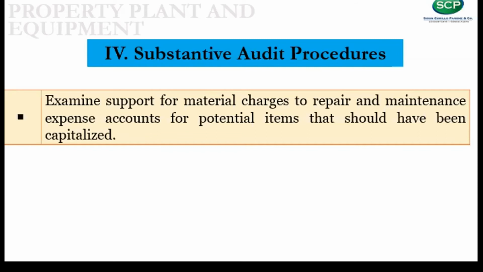To ensure that all fixed assets are completely recorded, or to ascertain whether all capitalizable costs are included in the fixed assets cost, we also examine the repairs and maintenance account.